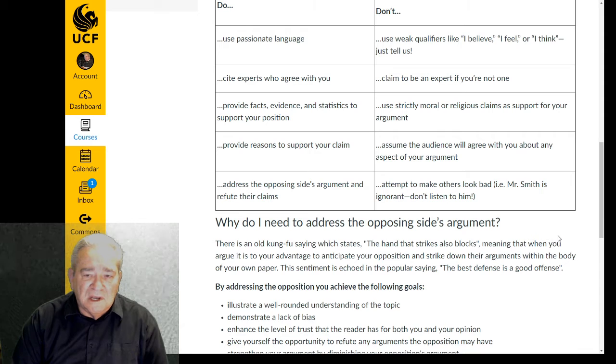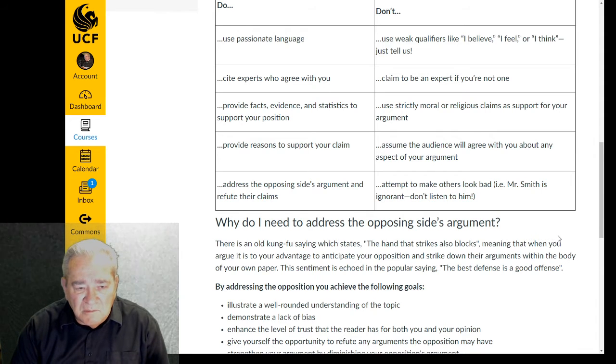And of course, as we mentioned in the model for this second essay, we're going to go back over it again when we take a look at that. I'm expecting you to use the 5 parts of an essay that include the introduction, your arguments, your refutation, and your conclusion.